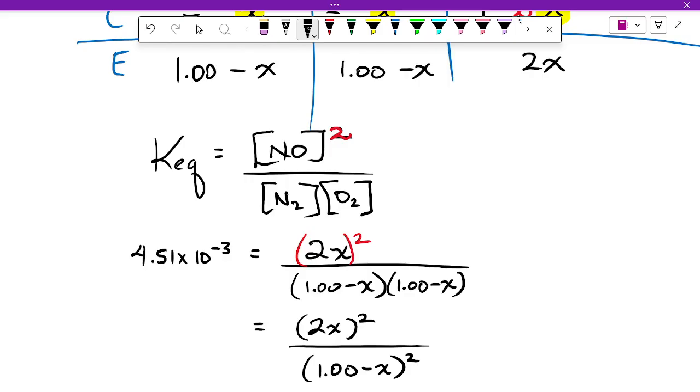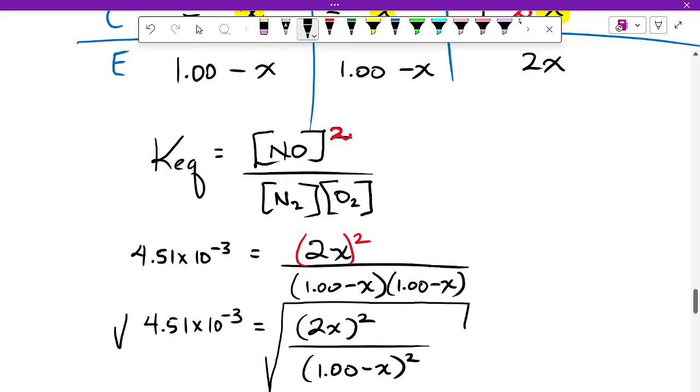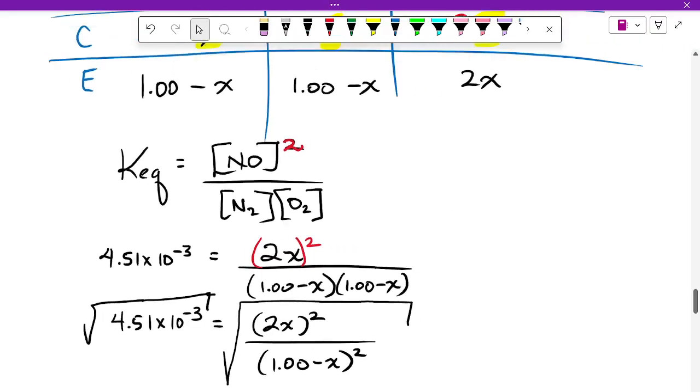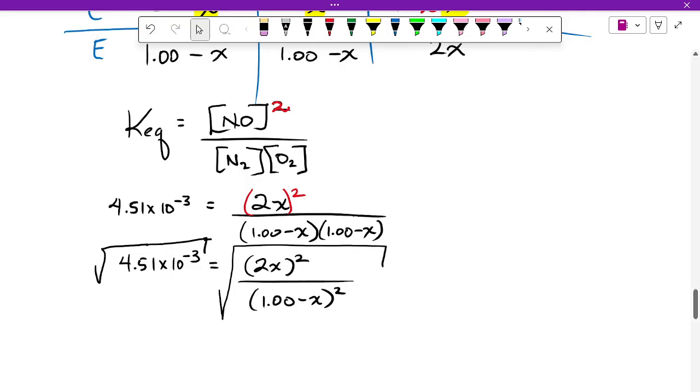In this case, the out is that you can just take the square root of the whole darn thing because everything is squared. You take the square root here, you take the square root there, and so we will get the square root of 4.51 times 10 to the minus 3.